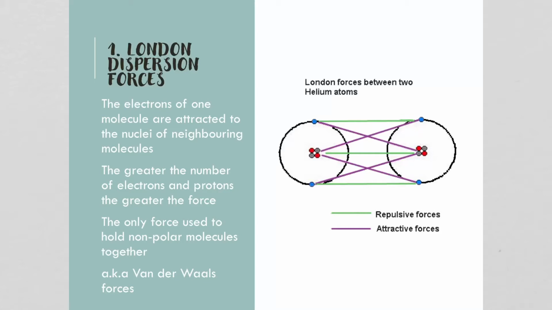Things that would have London dispersion forces would be nonpolar things like methane, ethane, so hydrocarbons, and carbon dioxide is nonpolar. Those sorts of molecules would be held together only by London dispersion forces. These are also called van der Waals forces as well.